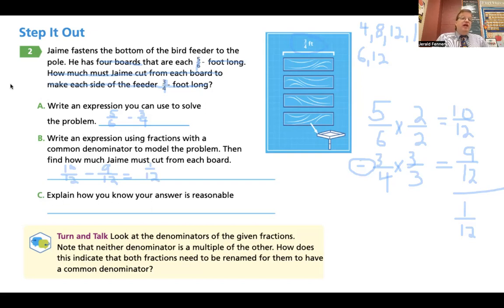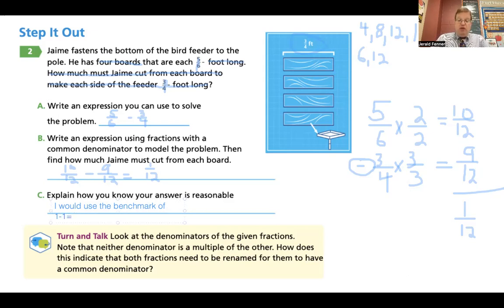So I would use a benchmark of 1 minus 1, because 5/6 is close to 1 and 3/4 is close to 1.